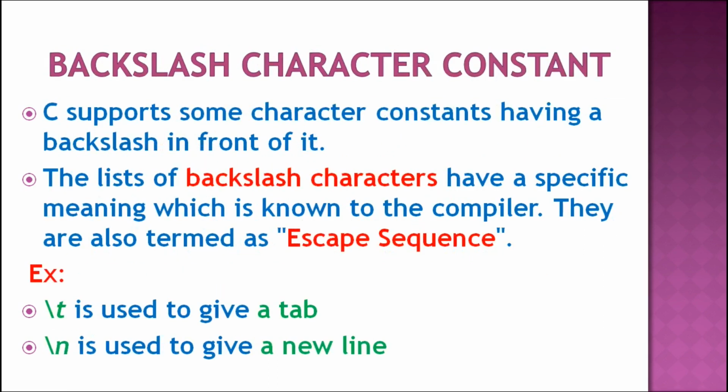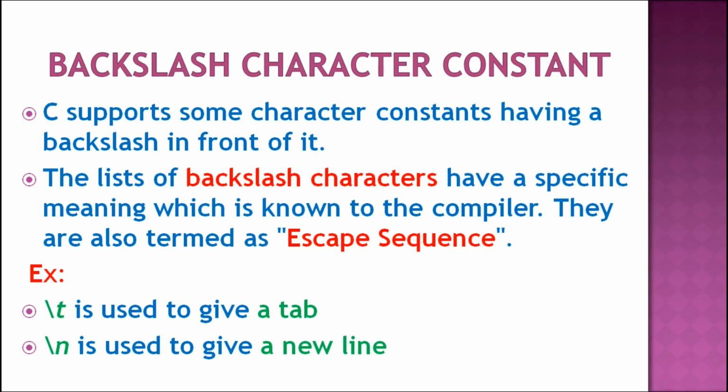There are also backslash character constants. C supports some character constants having a backslash in front of them. This list of backslash characters have a specific meaning known to the compiler.